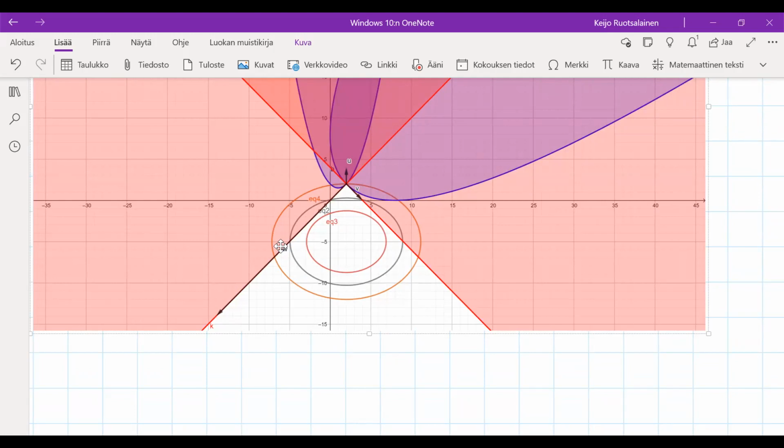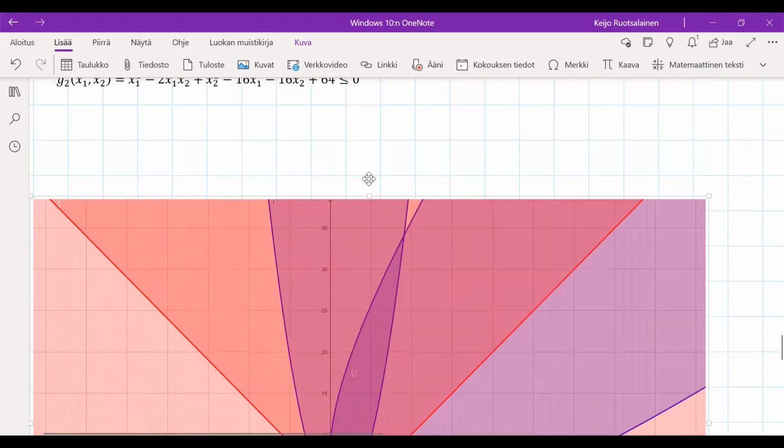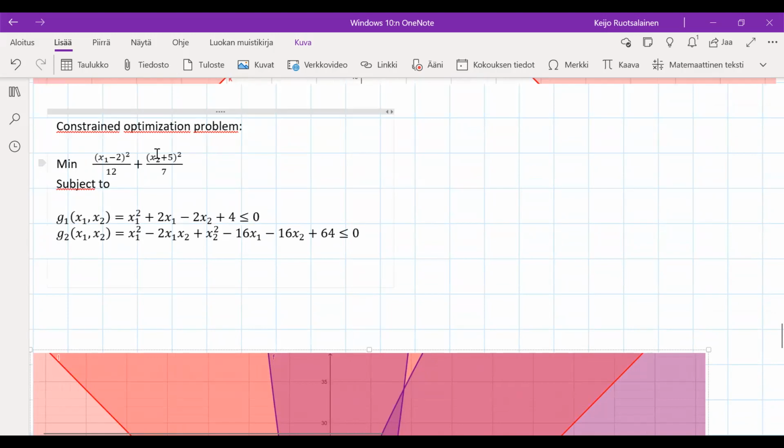So I require that this cost function f(x) equals some positive constant k. Because this is for every point not the center of the ellipse, this value is positive. So if I fix a positive number, then this defines an ellipse.